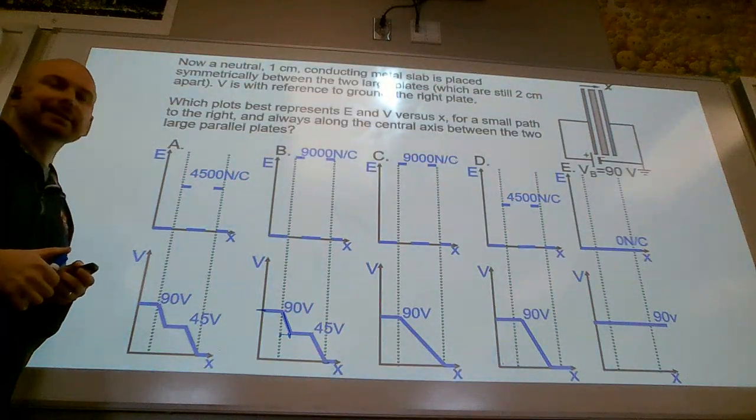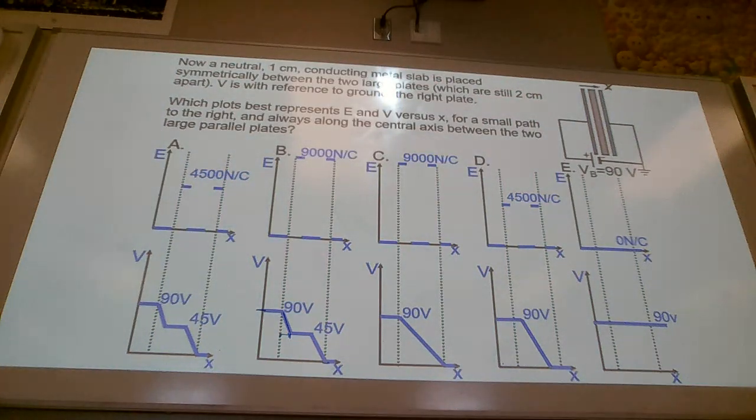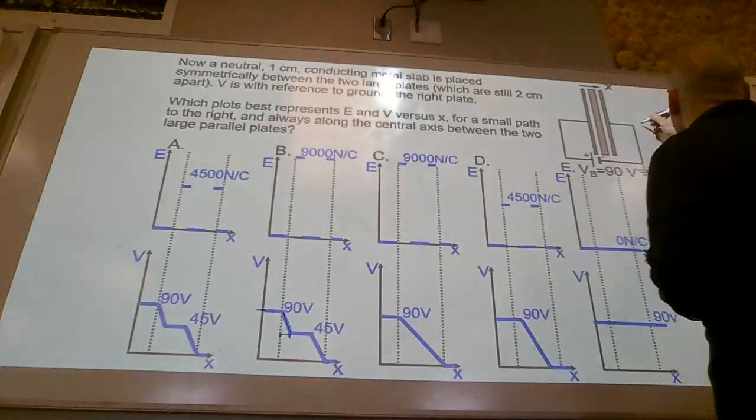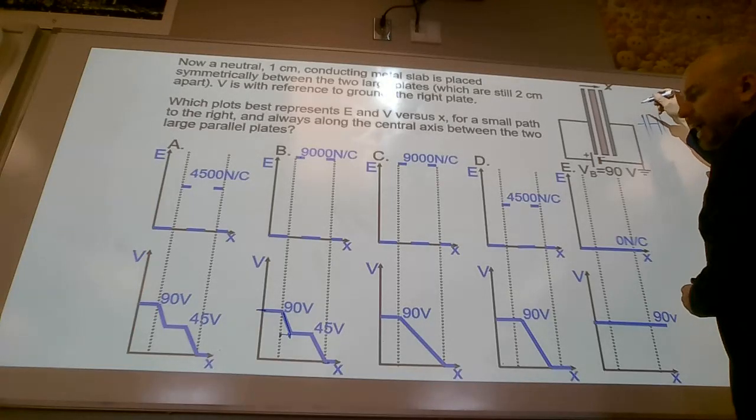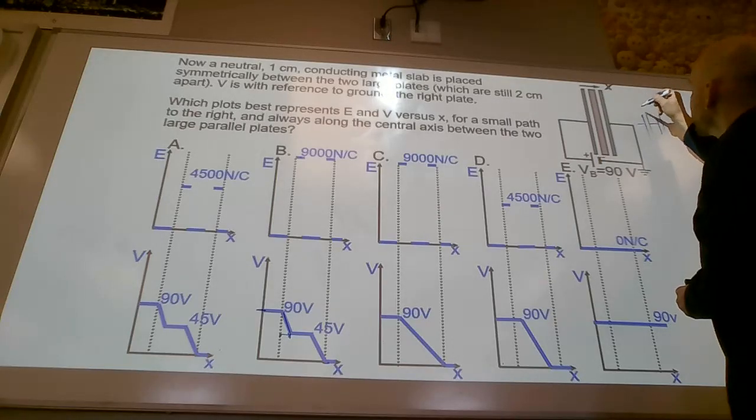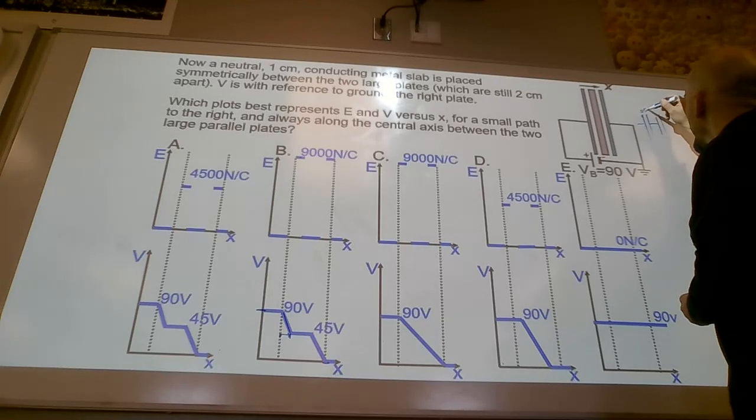We could view this as two capacitors in series with a gap of 0.5 centimeters, so 0.005 meters between each one of those.